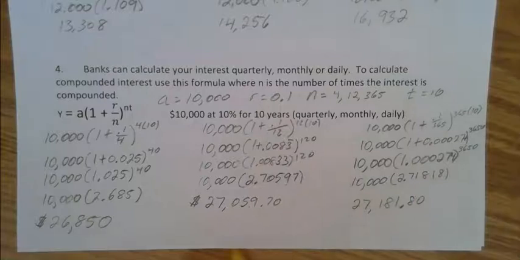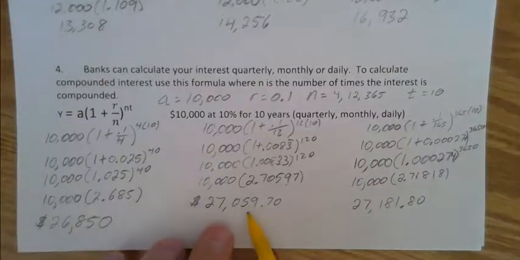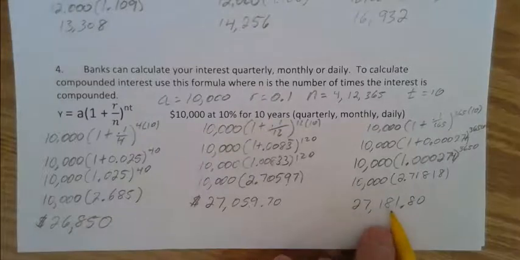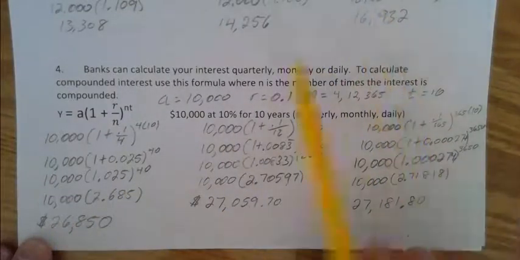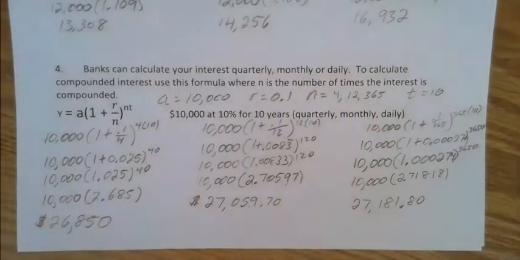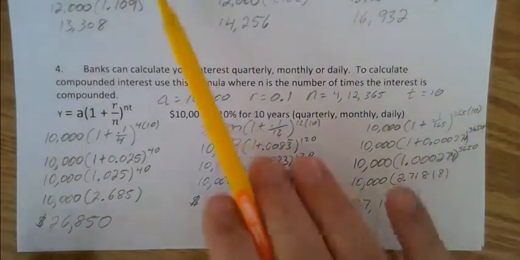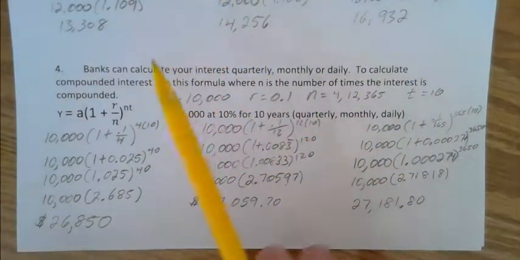But either way, notice we went from 26,850 to 27,059 to 27,181. These three aren't that big of a difference, but notice how big of a difference it is from now, granted, the numbers we start with are different.